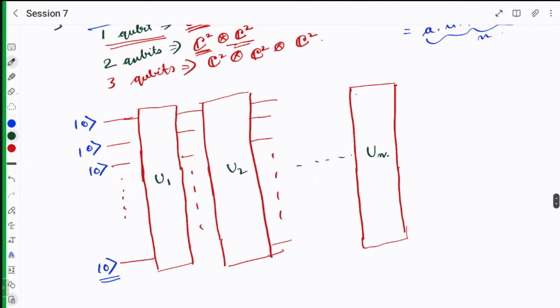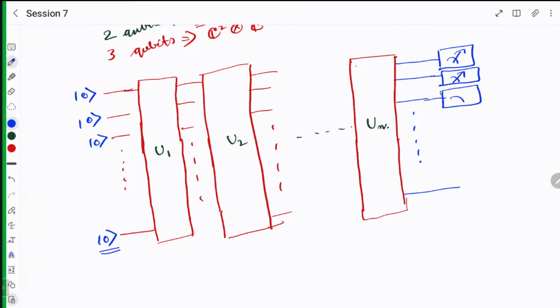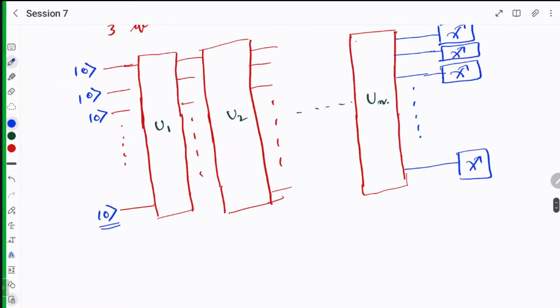And then finally what we do is we perform a measurement. And this measurement is always in the 0-1 basis.